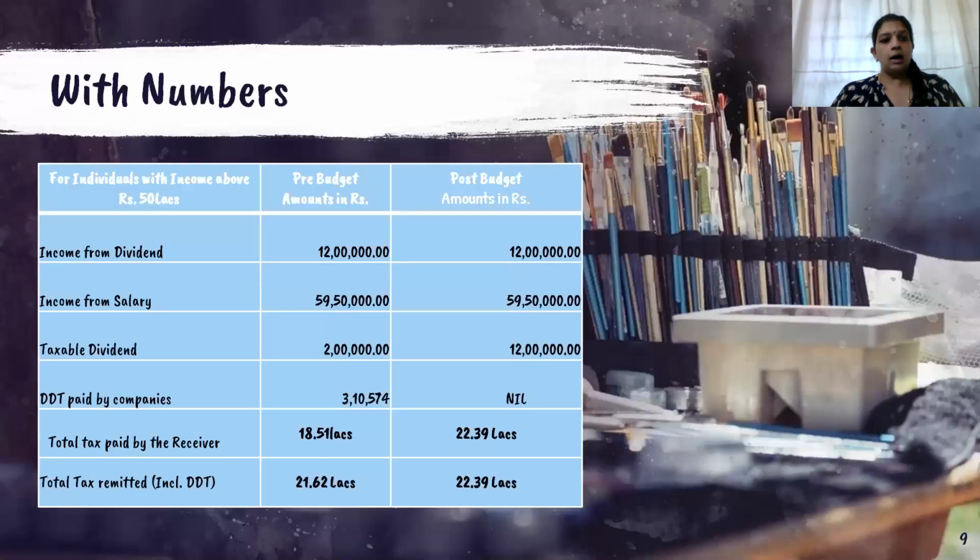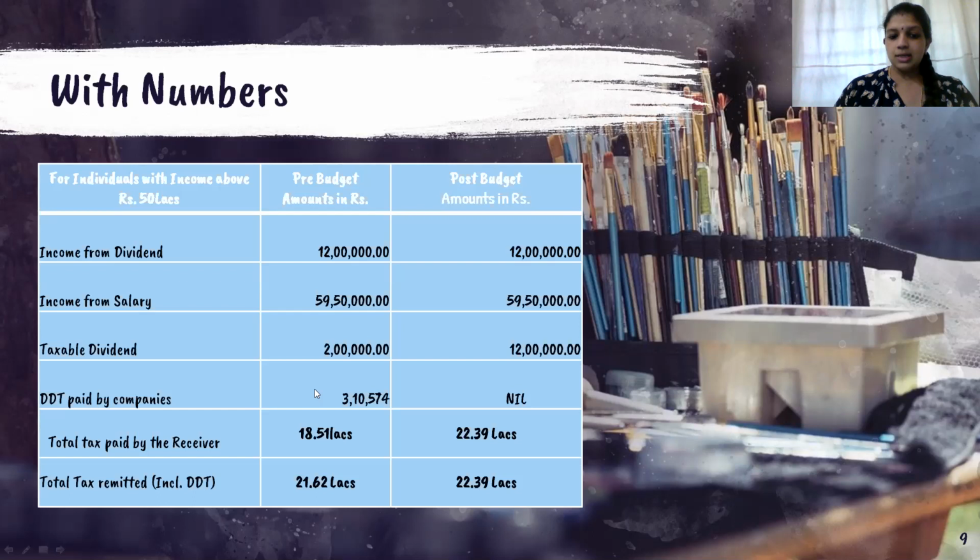For example, if a person's total income sums up to nearly 71 lakh 50,000, where previously up to 10 lakhs of his dividend was exempt, previously he would be paying a total tax including DDT of 21.62 lakhs, whereas now with DDT being removed, his entire dividend will be subject to tax, and the total amount of tax he'll have to pay will be near 22.39 lakhs.